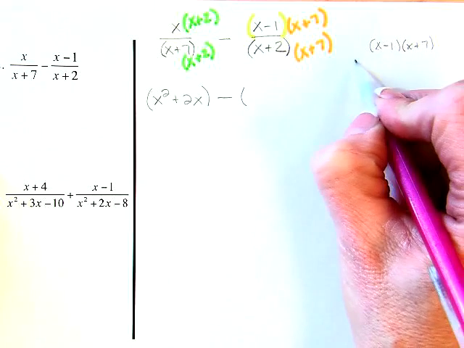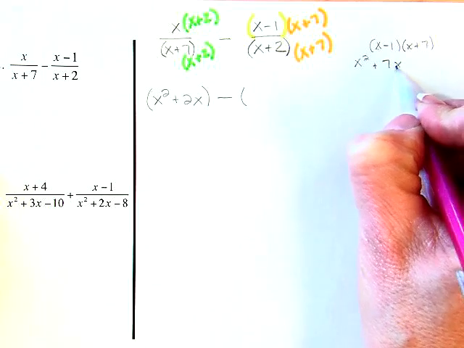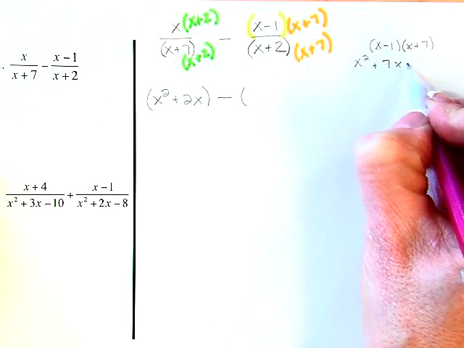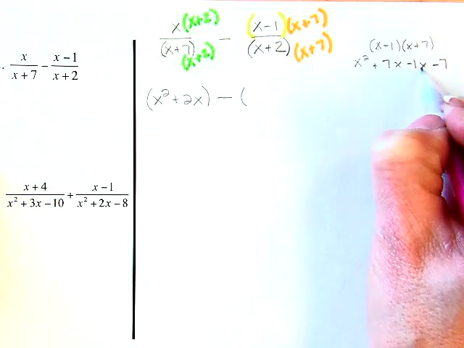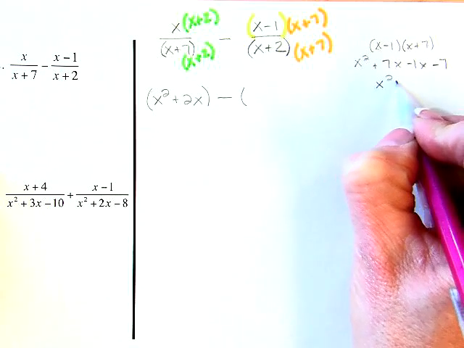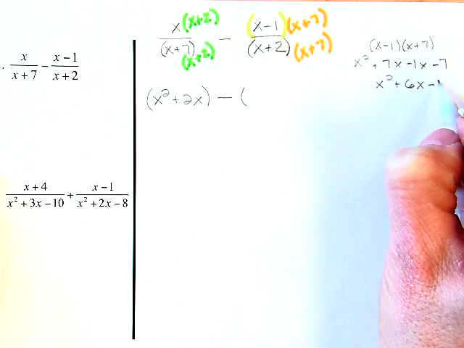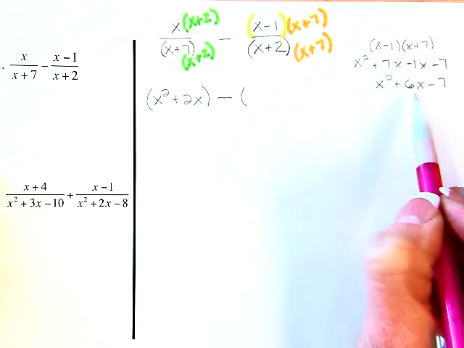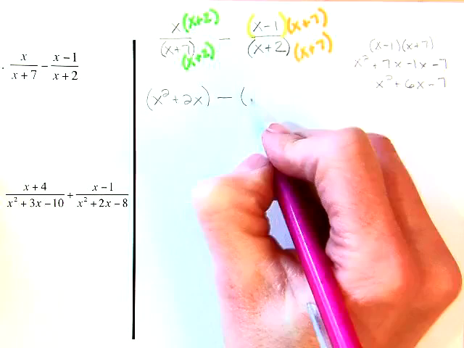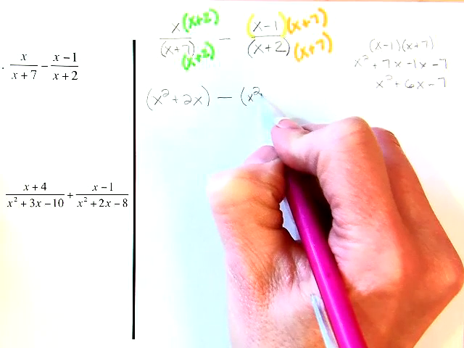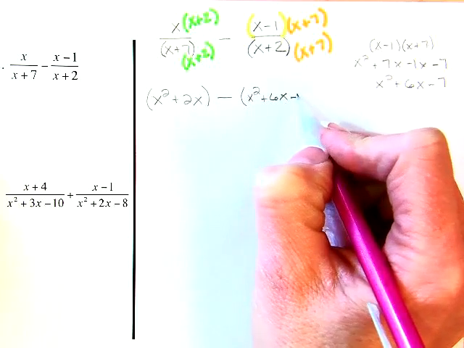So first times first is x squared plus 7x minus 1x minus 7. These two go together as x squared plus 6x minus 7. And that is the numerator. So I'm going to write it here. X squared plus 6x minus 7.